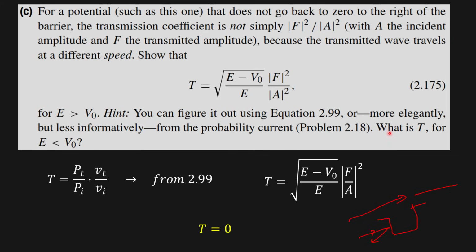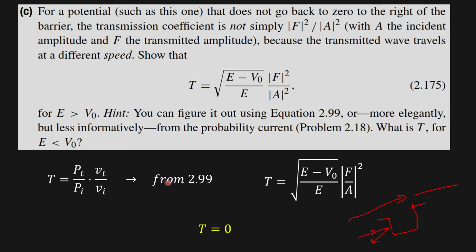And also we have to find what T is for E less than V naught. First, the case E greater than V naught; let's see them one by one. The transmission coefficient is equal to the probability of the transmitted particle multiplied by Vt, the velocity of the transmitted particle, over the probability of the incident particle multiplied by the velocity of the incident particle.